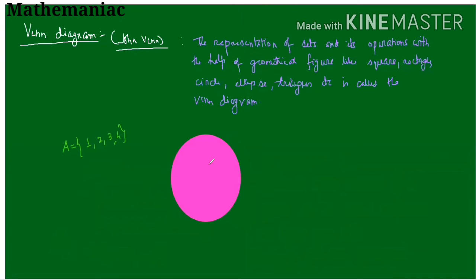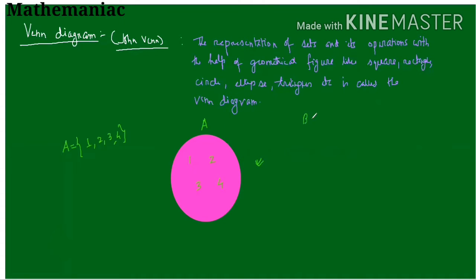These are the elements. So this will be named A, and we'll just write the elements here in a scattered way, wherever you want. A circle may be there, an ellipse may be there. This is the way by which we can represent the set A.